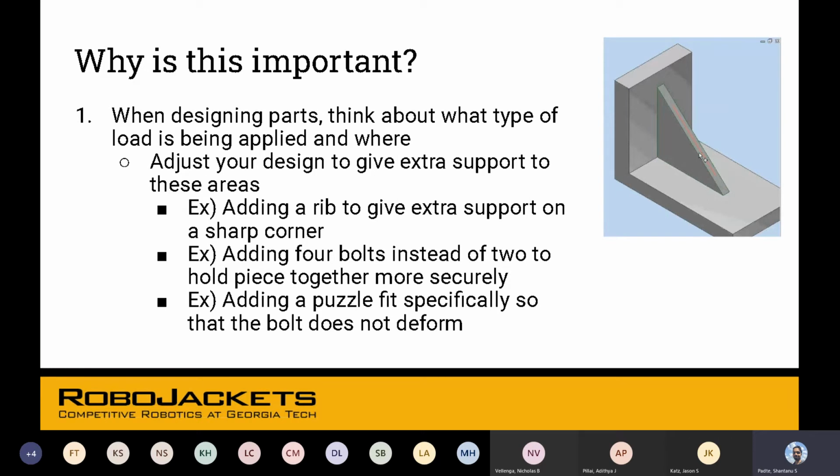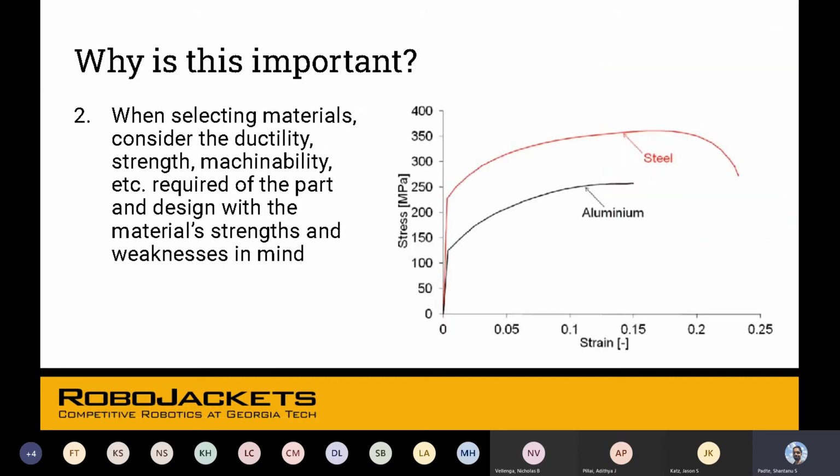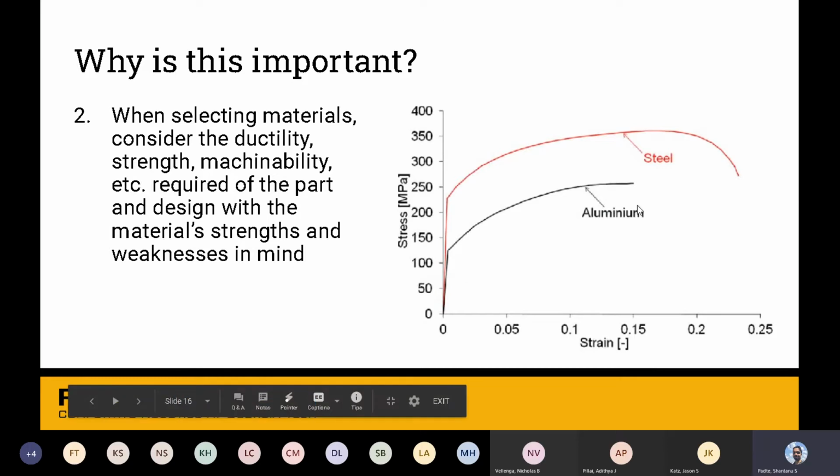Or maybe if you know that you're making a wooden part and it has to bear some amount of weight, you could add additional bolts to it to make the piece stronger. When selecting materials, you can always take a look at these curves to see how much deformation is possible for your part.